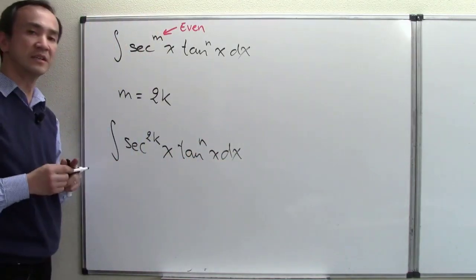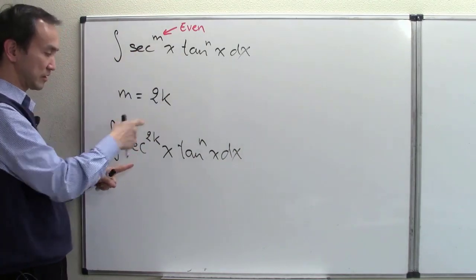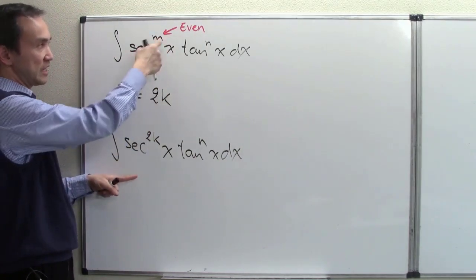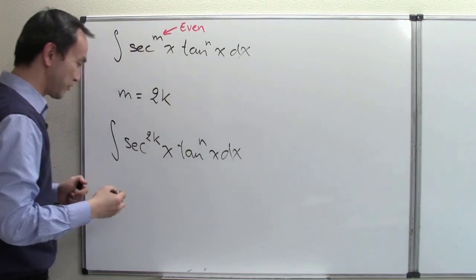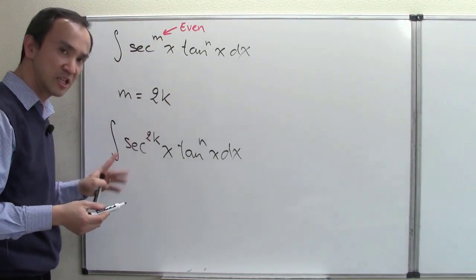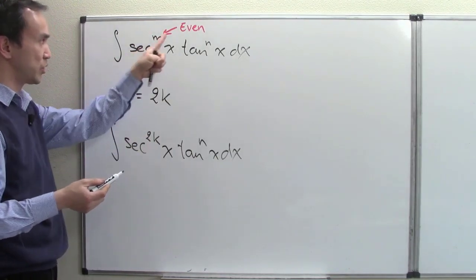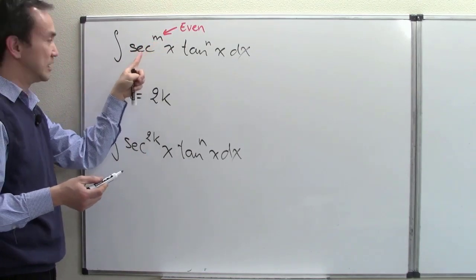That's just a re-expression knowing that our secant's power is even. The technique is specifically good for this case, when the power on the secant is even.